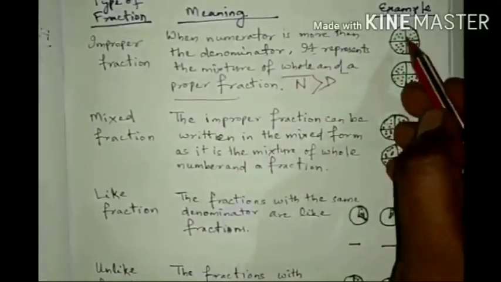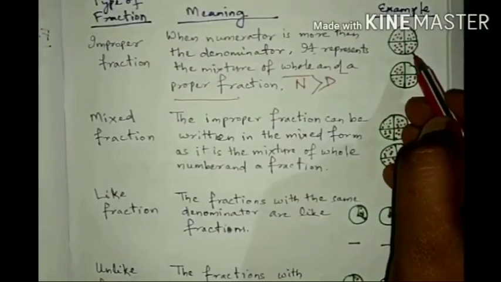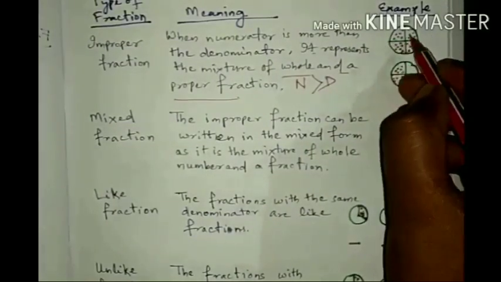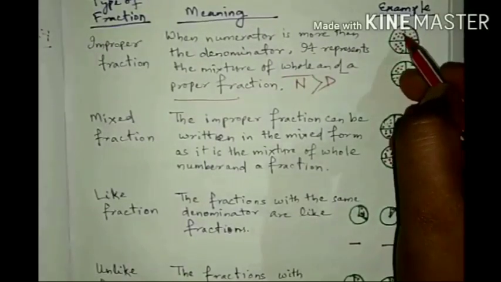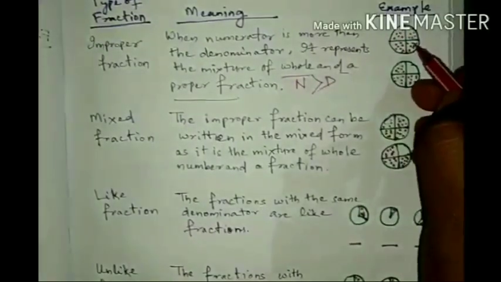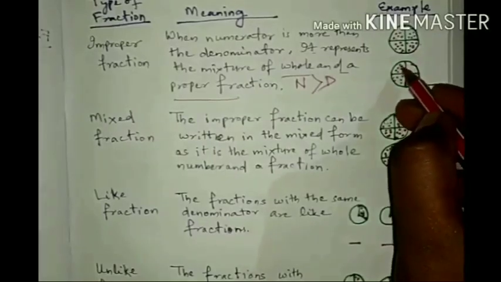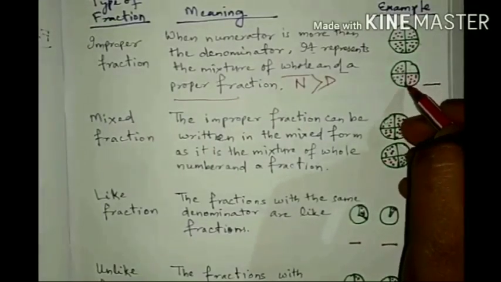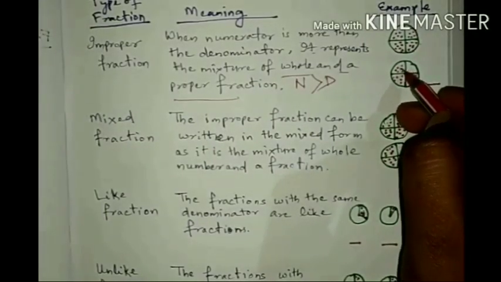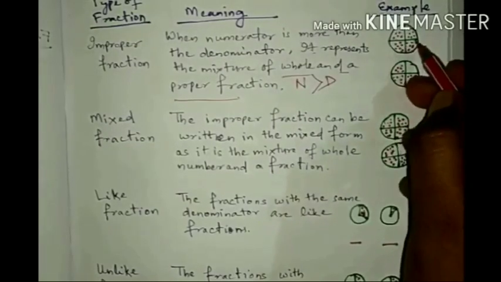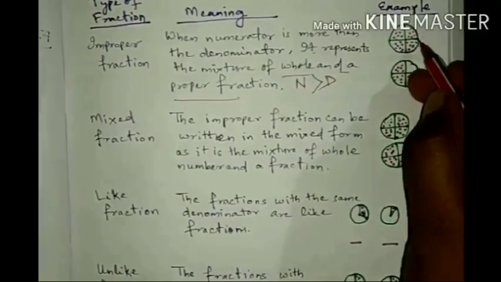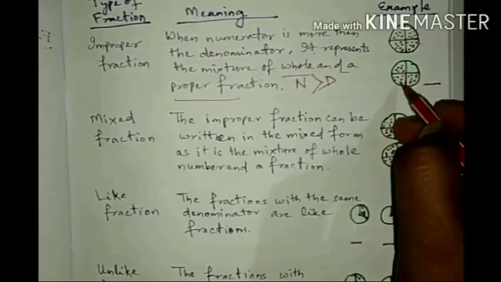So look here. This one is one whole. This whole roti has how many parts? 4 parts. And here also, how many parts have we selected? 1, 2, 3.